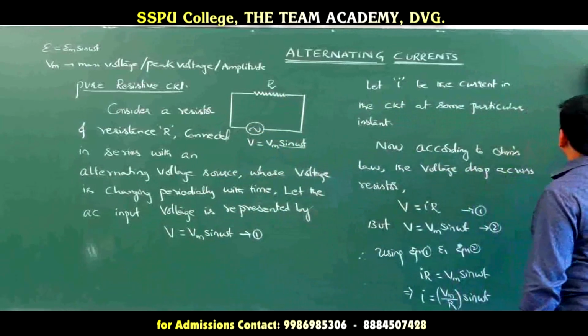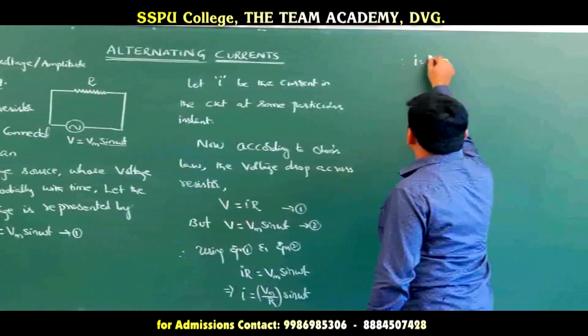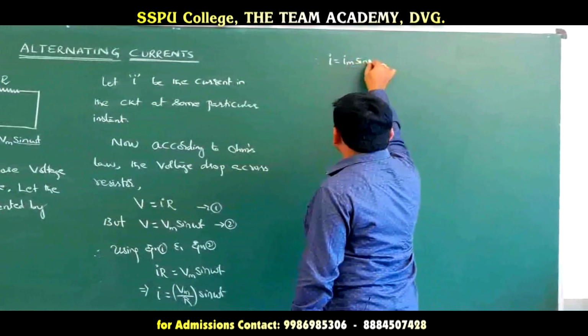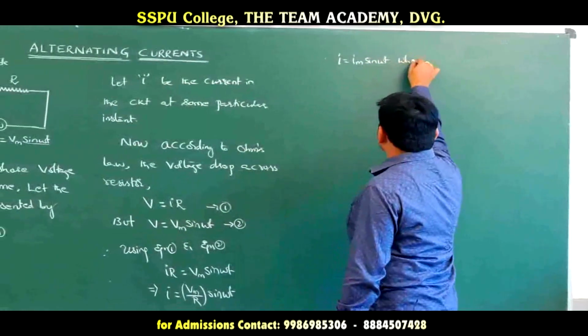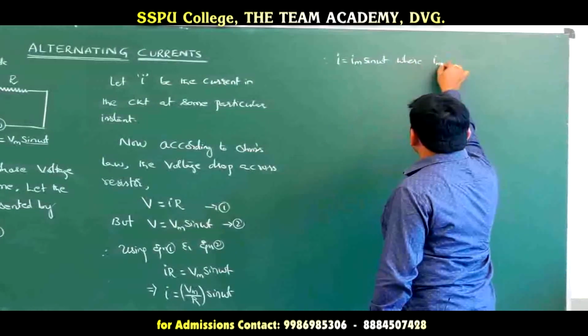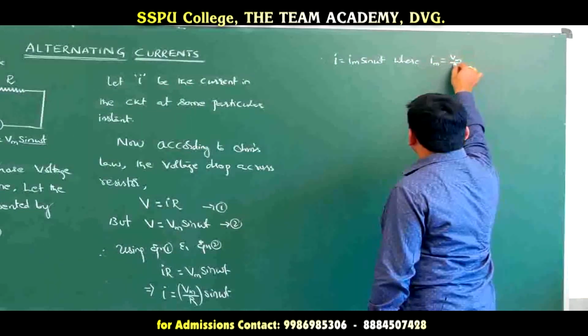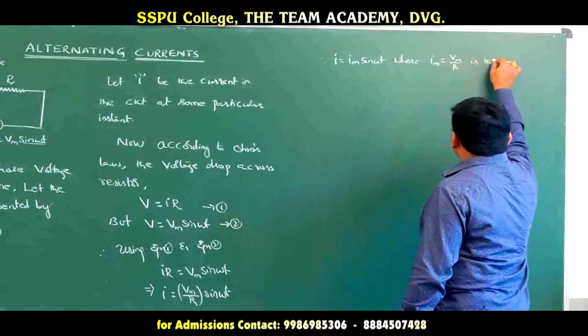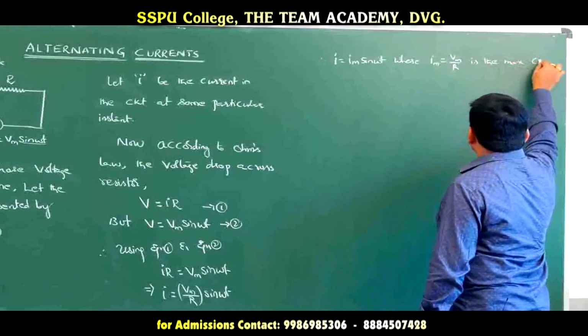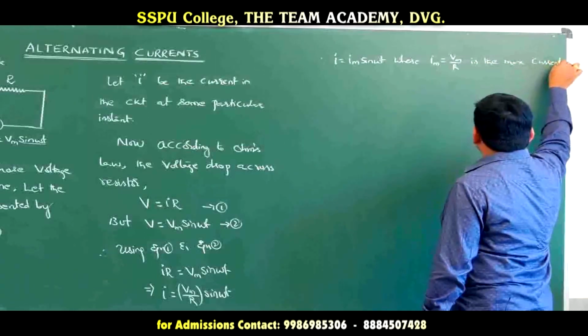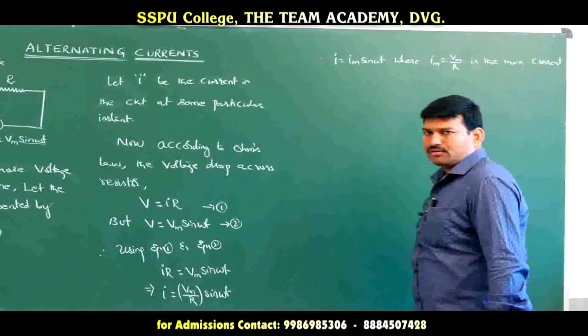Therefore, I can write this as I is equal to Im sine omega t, where Im is equal to Vm divided by R, the maximum current or the peak current or the amplitude of current. Is it clear or not?